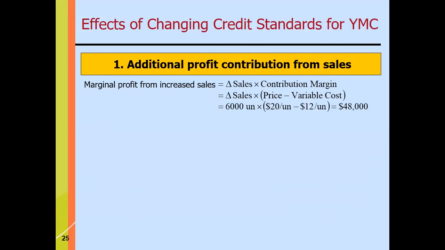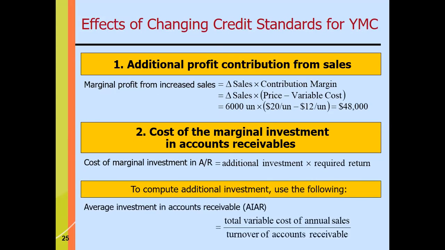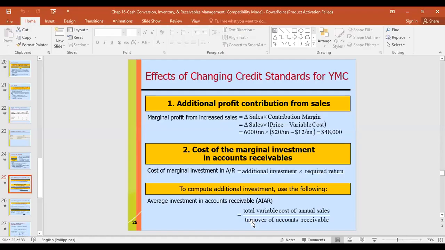So when we analyze, we look at the margin. Then the cost of the marginal investment in accounts receivables would be the additional investment times the required return. To compute, our average investment in accounts receivable is total variable cost of annual sales divided by the turnover of accounts receivable.